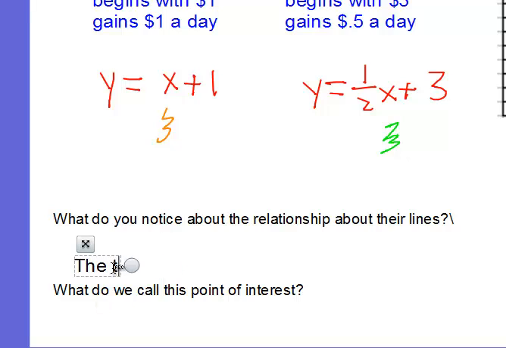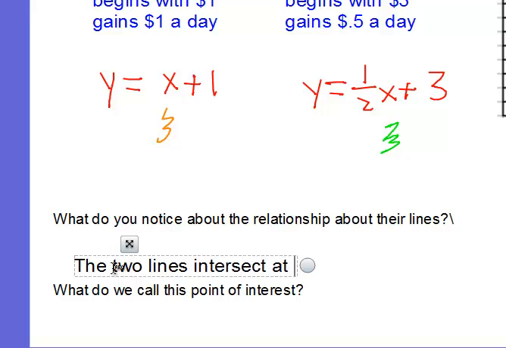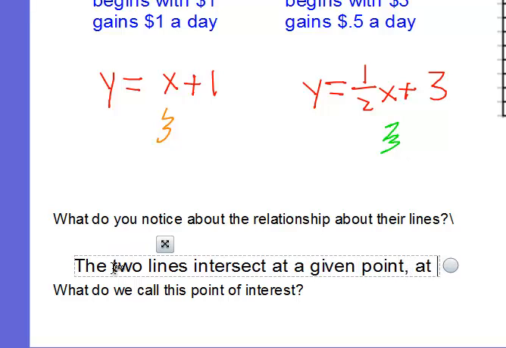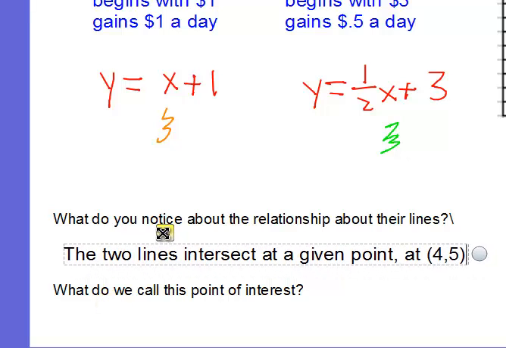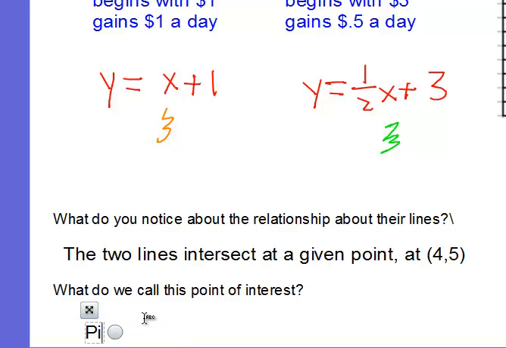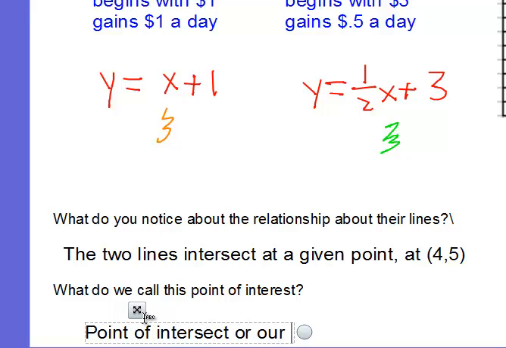Well, the 2 lines intersect at a given point, or more importantly, at 4, 5. Okay, so we notice that the relationship between the lines is that they intersect at 4, 5. What do we call this point of interest? Well, we call it our point of intersection, or our solution.